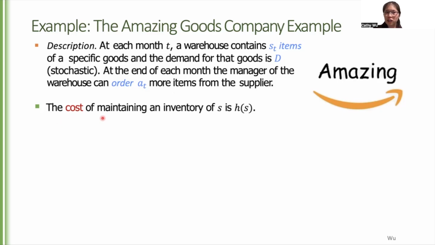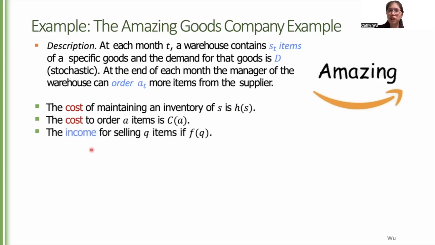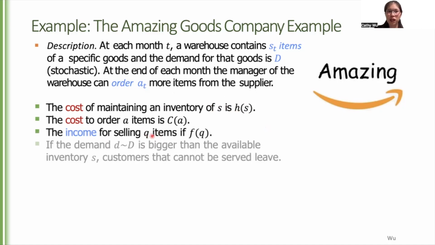There's a cost to maintaining an inventory of size S, that's denoted by this function, h of s. There's a cost to order the items, of course. There is some income from selling the items. Let's say we sell Q items.